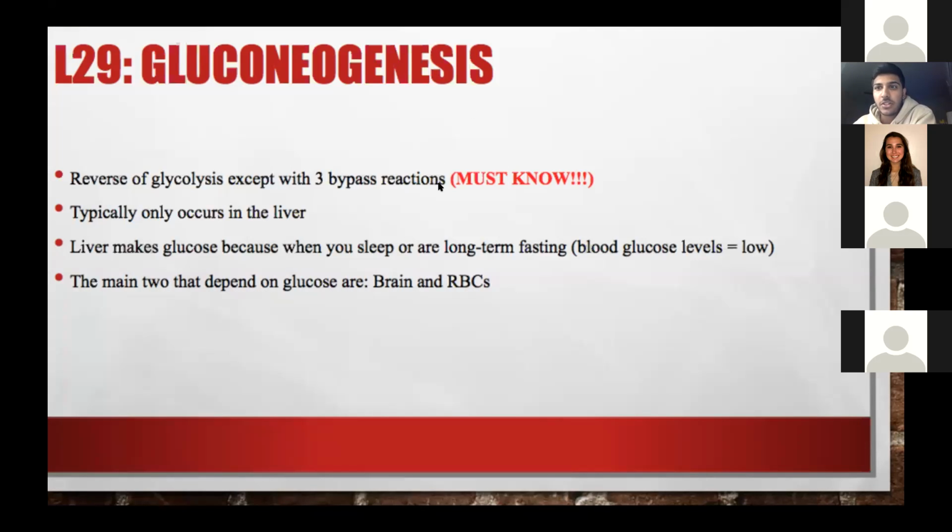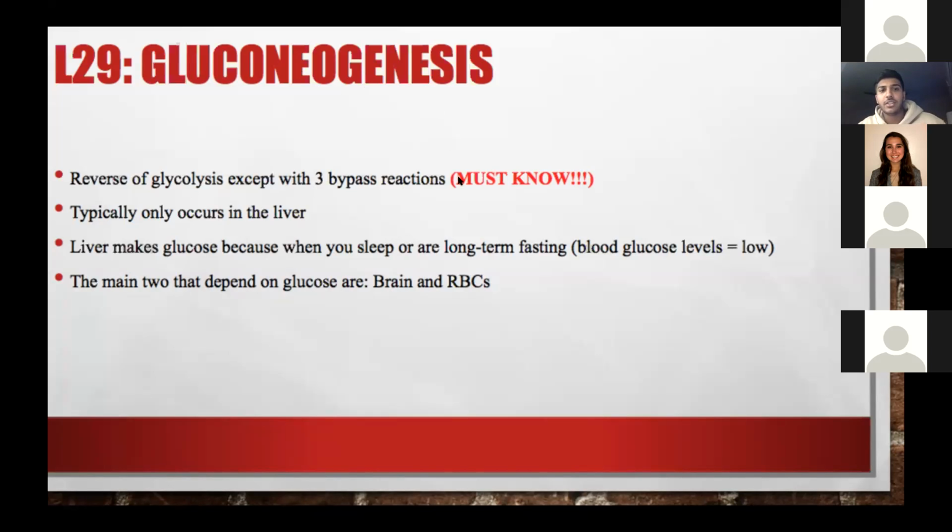They love asking questions about bypass reactions, and it's easy points if you know which ones are regulated and have a good way of understanding which ones those are. If you refer back to that lecture 27 table that I went over, you can see that it occurs in the liver.